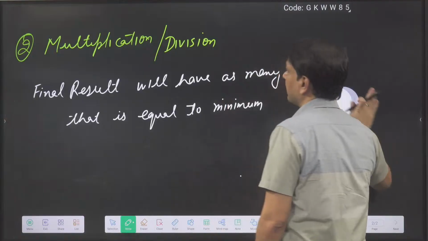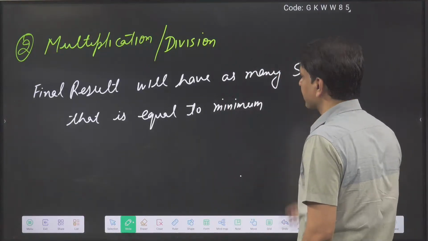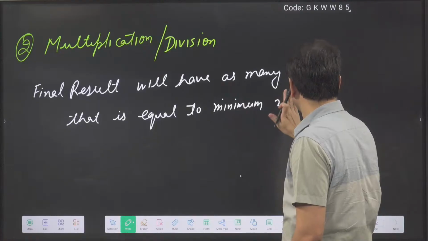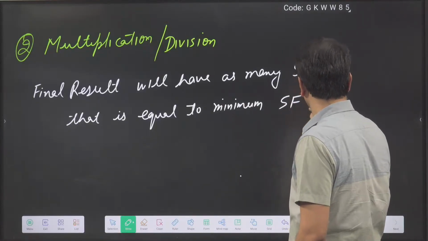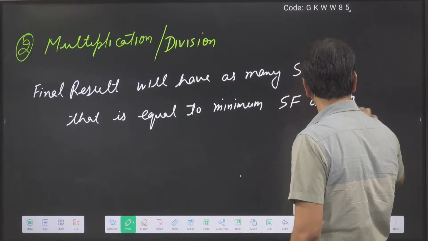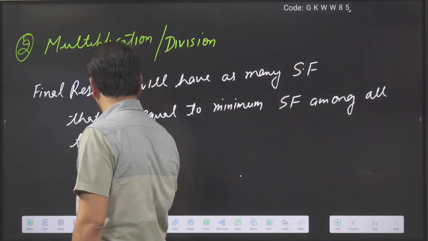Final result will have as many significant figures as the minimum number of significant figures among all the given numbers.